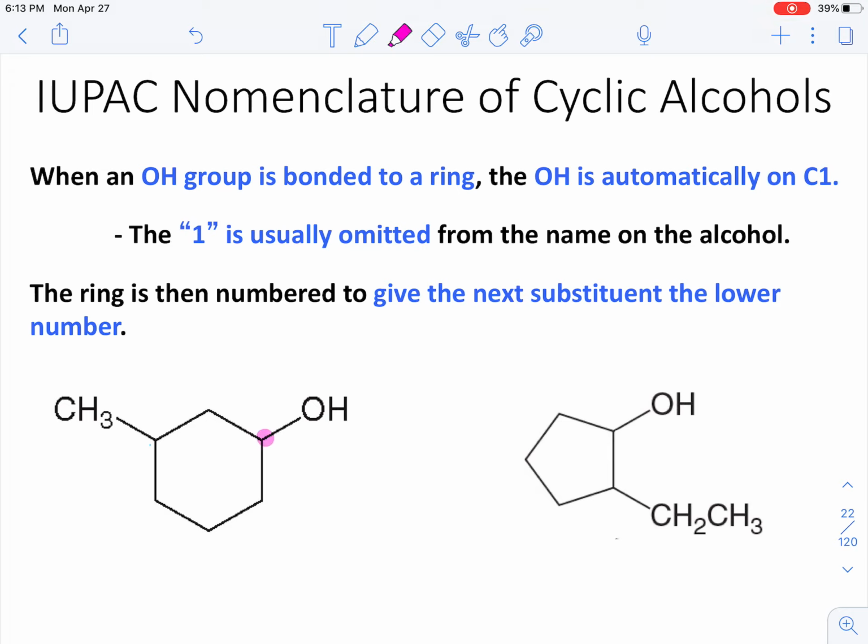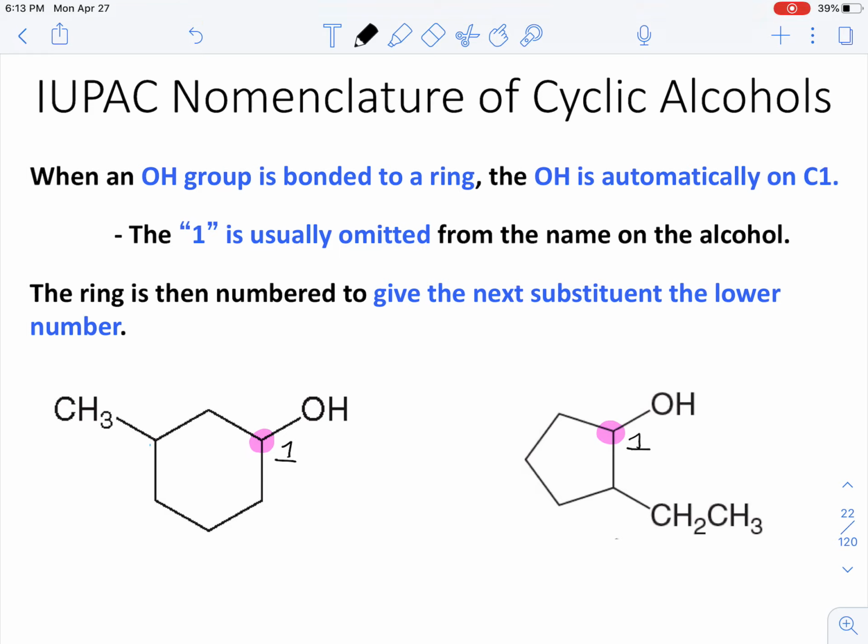And so for this example, notice that my alcohol is positioned in the top right corner of that cyclic ring. That carbon is always going to be carbon number one.